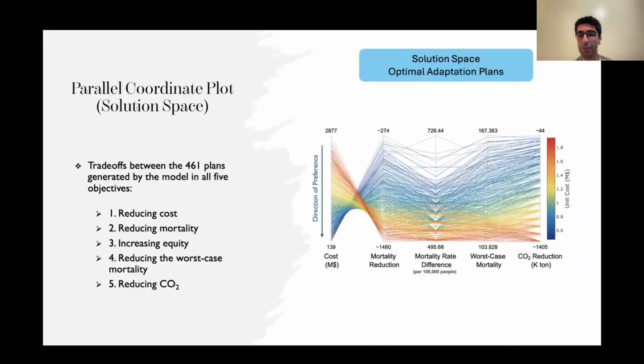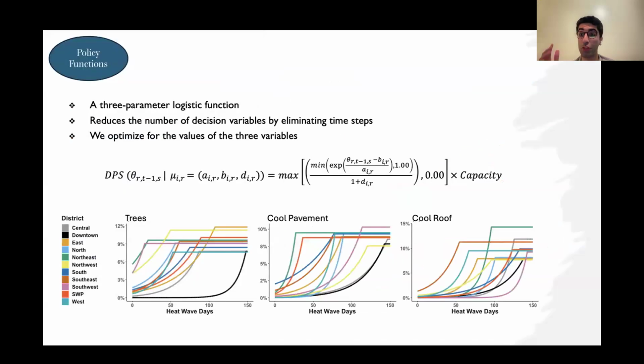Oh, maybe I didn't explain properly. So it's not on choosing the 50 different time steps. We are basically eliminating the concept of time step, right? So for all 50 time steps that we have, we basically give a kind of a function.